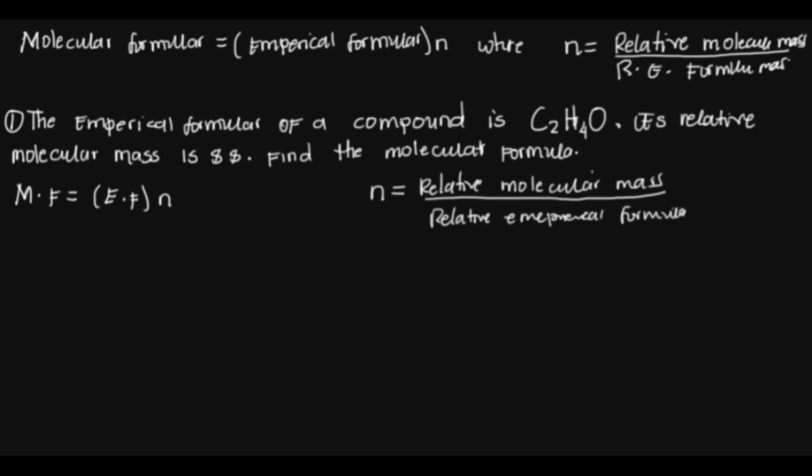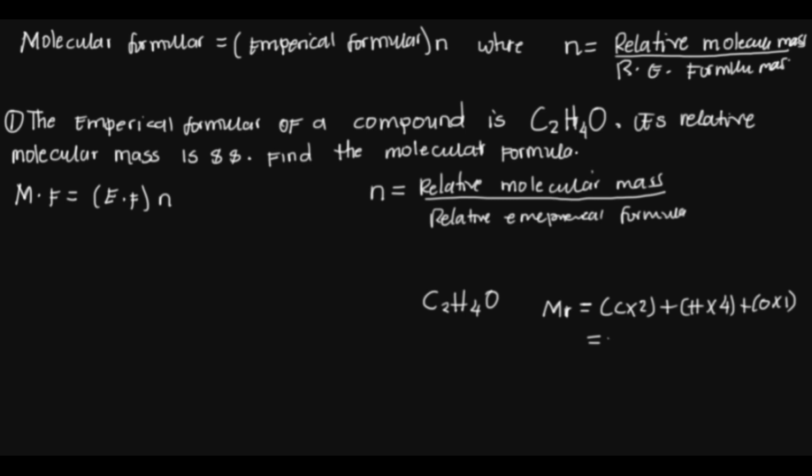So the relative empirical formula mass is the mass that we are going to find from the empirical formula. The empirical formula is C2H4O. So here we can see that we have 2 atoms of carbon plus 4 atoms of hydrogen plus 1 atom of oxygen.